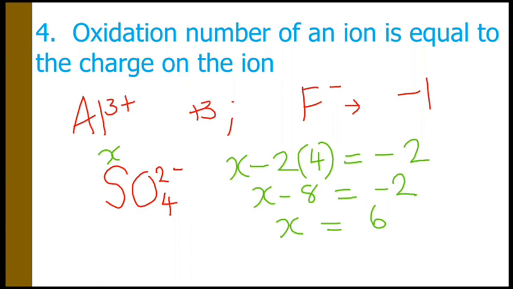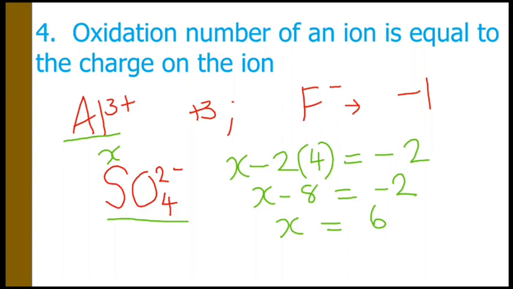That's how you would work it out. So the oxidation number of an ion is equal to the charge of the ion. This applies to single ions and also to polyatomic ions. With polyatomic ions, you have to add the oxidation numbers up, and then you get the oxidation number of the atom that you're interested in.